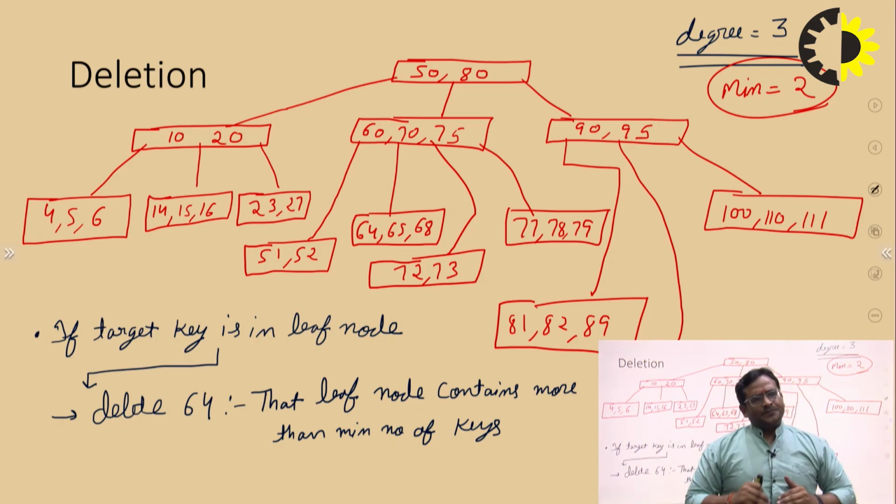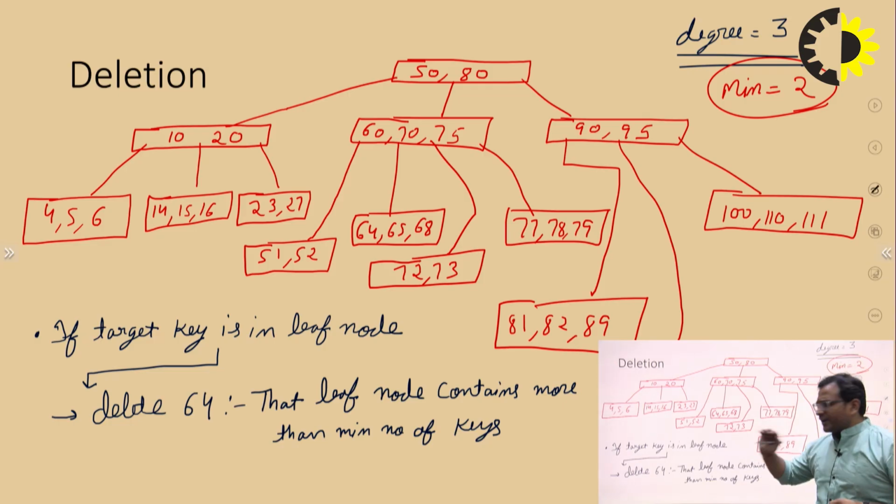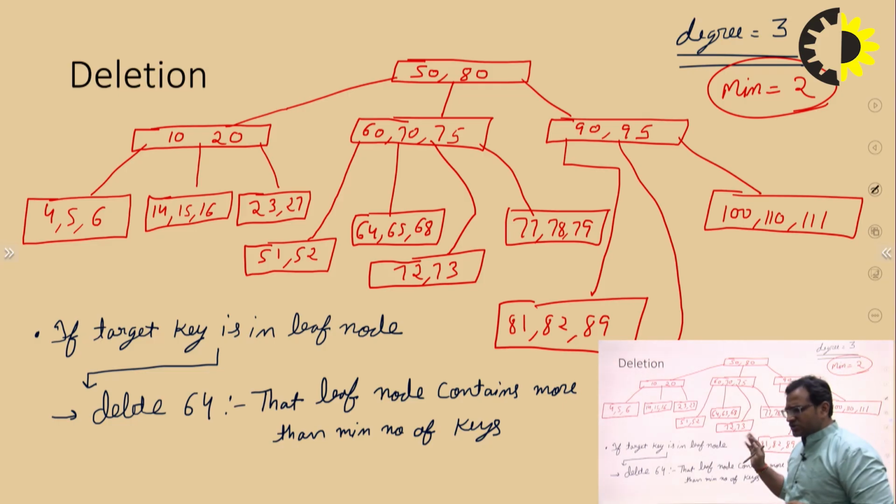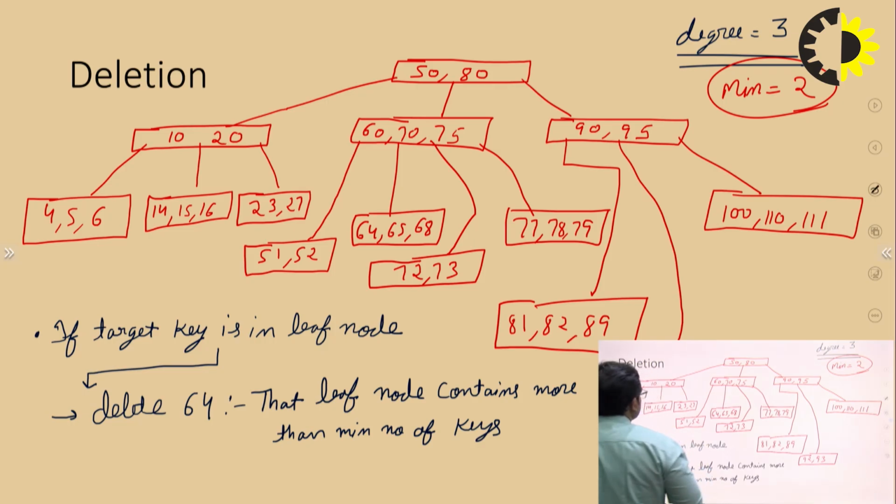First of all, the target key is in a leaf node. I am taking an example here, 64. Again you have to traverse from the root node. Greater than 50, less than 80, so you go here. Greater than 60, less than 70, go here, and 64 is here. Got my point?